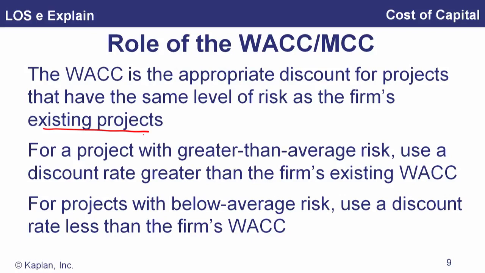Now, maybe a pollution control, an environmental project, and one of these mandatory projects we talked about, that might have below average risk in the sense that the cash flows, if we do it or don't do it, are fairly certain, so much less risk. In that case, we'd like to use a discount rate that's less than the firm's weighted average cost of capital. If we used the firm's weighted average cost of capital, which we think is too high for this project, we'd end up rejecting projects that actually have a positive net present value. So we make these adjustments to avoid those biases.